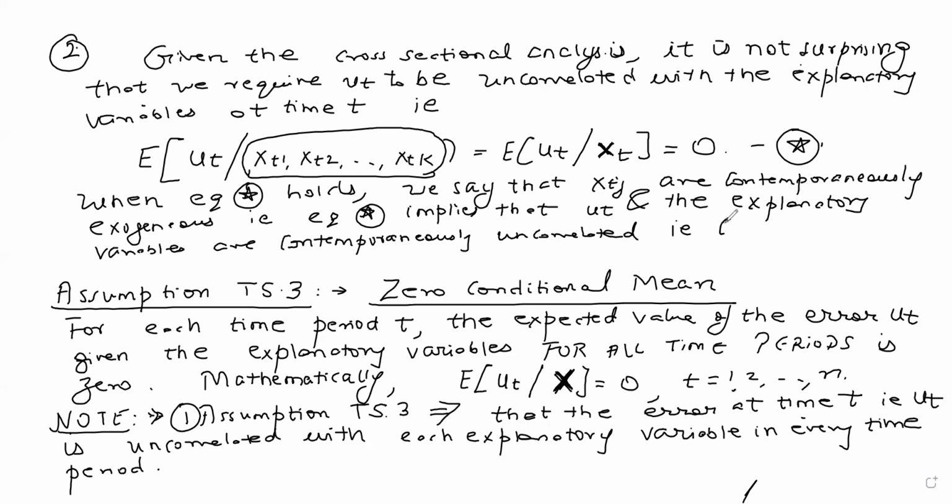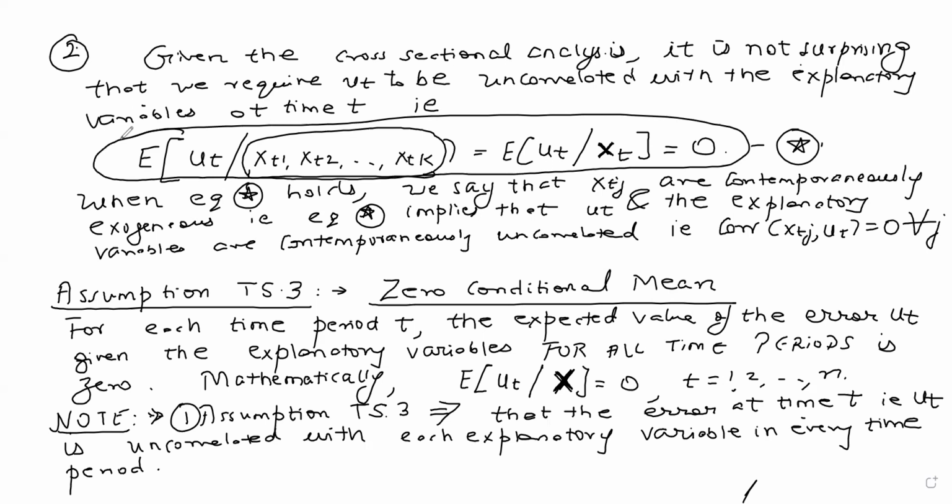That is, the correlation between xtj and ut is equal to 0 for all j. That means the population error term ut is uncorrelated with xtj as j takes values from 1 to k.